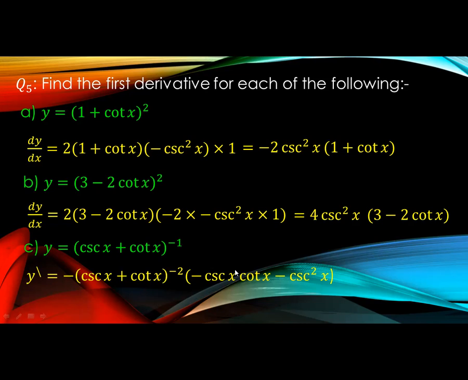The derivative of cosec x is negative cosec x cotan x, and the derivative of cotan x is negative cosec square x, times the derivative of the angle that is equal to 1. And we can simplify this expression by taking negative as a common factor from the second factor and multiplying by the first negative, so the final result will be cosec x times (cosec x plus cotan x) all to the power negative 1.